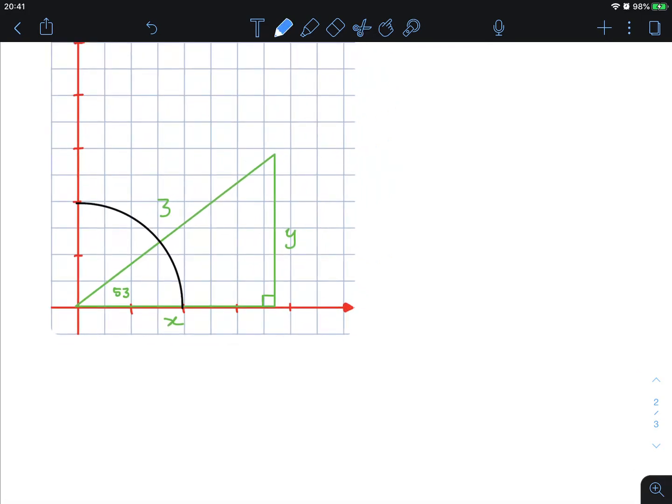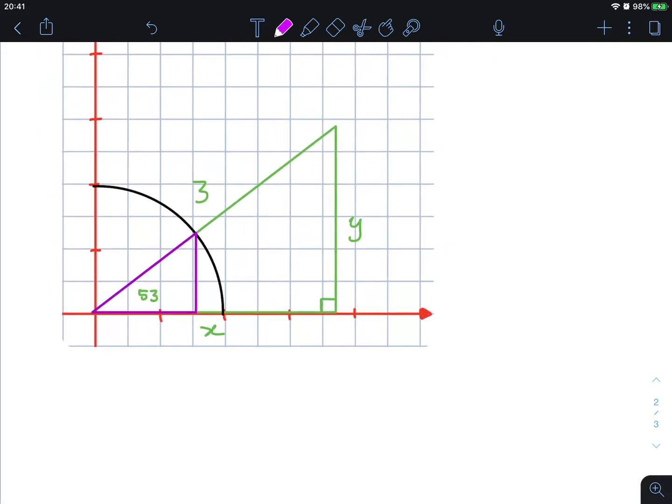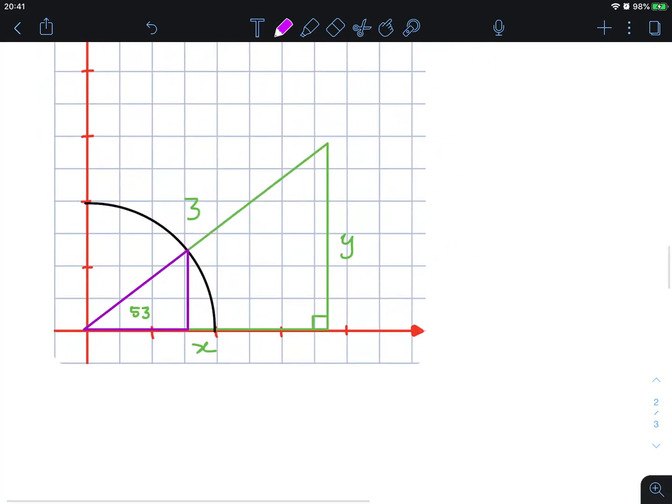But can you see that we could actually still draw that triangle inside with the same angle of 53? So we can draw a small triangle like this, while the large angle is still allowed to exist outside of it.